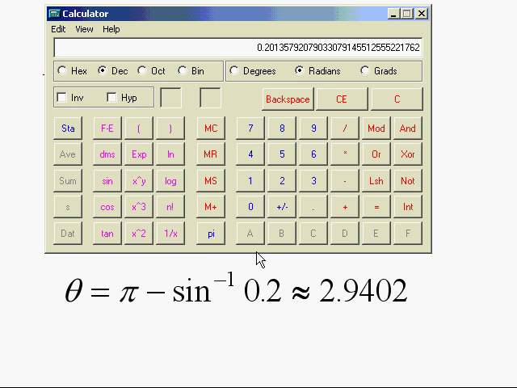Suppose we do, in terms of radians, 2.9402 and calculate the sine. The value that comes out is 0.2 and some mess down there from the round off, so 0.2.